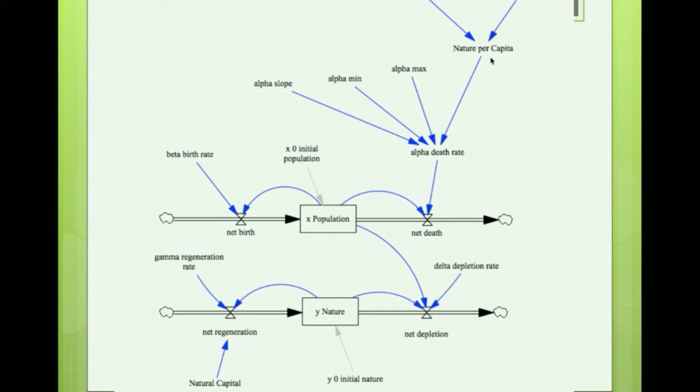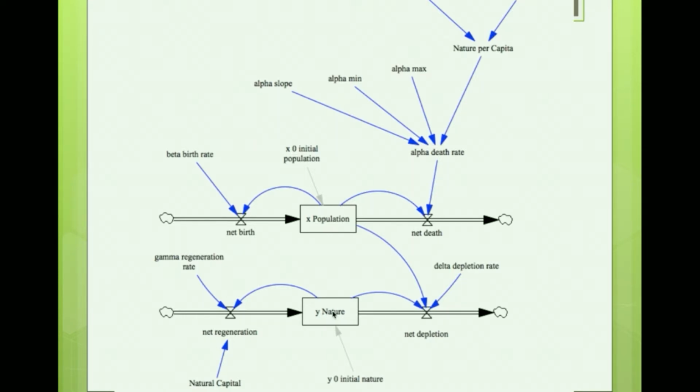the availability of nature. There's a nature per capita variable, found essentially by a ratio of the nature to the population, and that drives the death rate of the population. I'll show you what these are, but these are essentially some parameters that result in an alpha death rate.